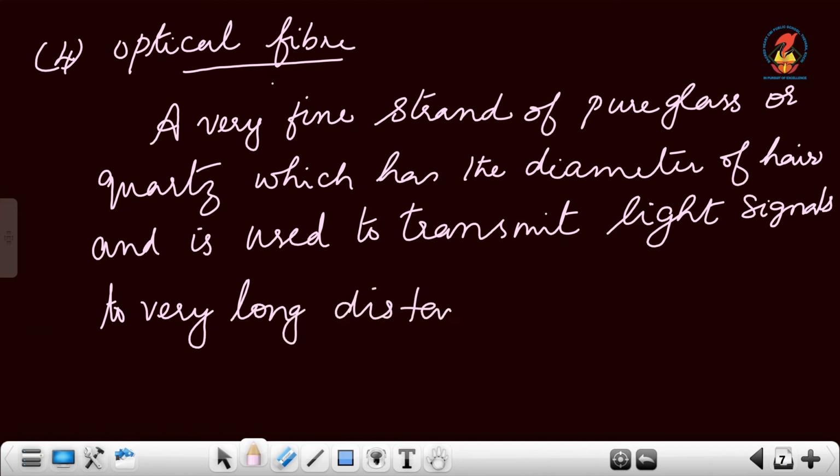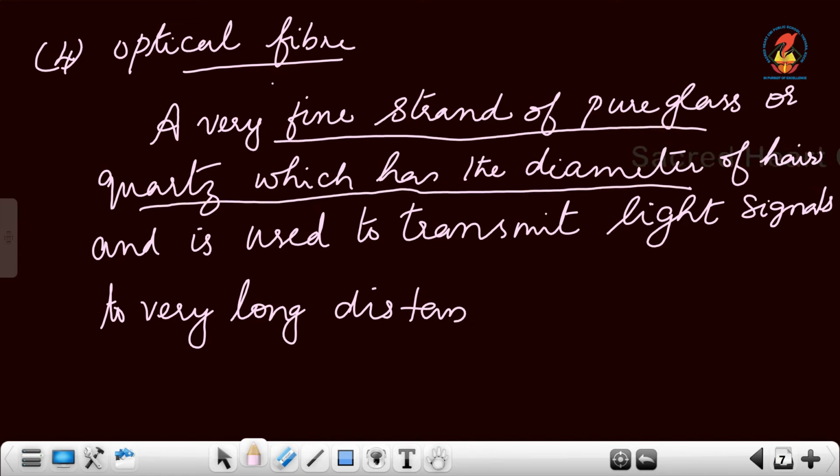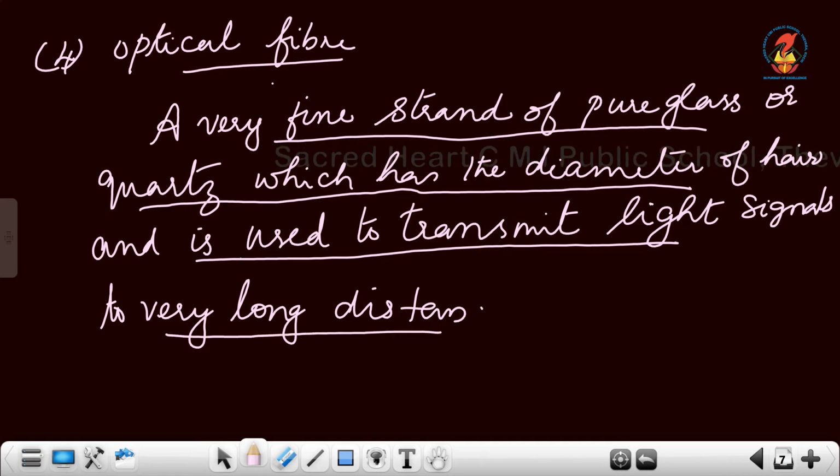So they are thin strands of pure glass or quartz which have a diameter as small as the thickness of the hair, and are used to transmit light signals to a very long distance.